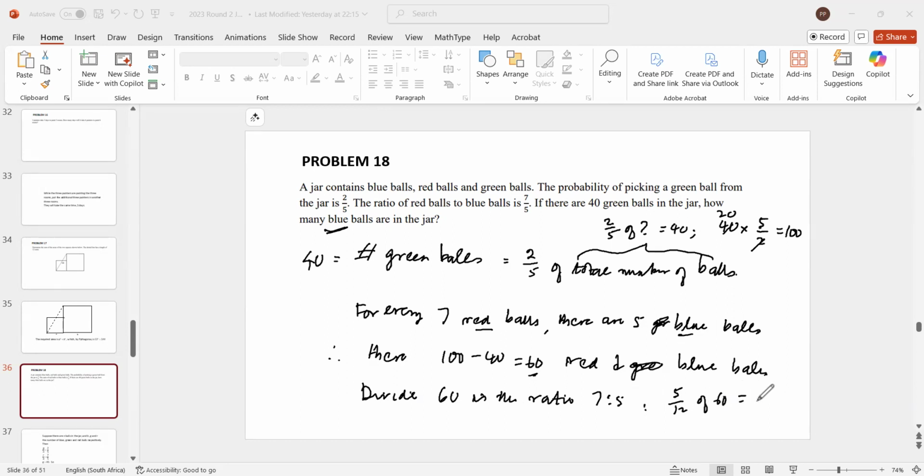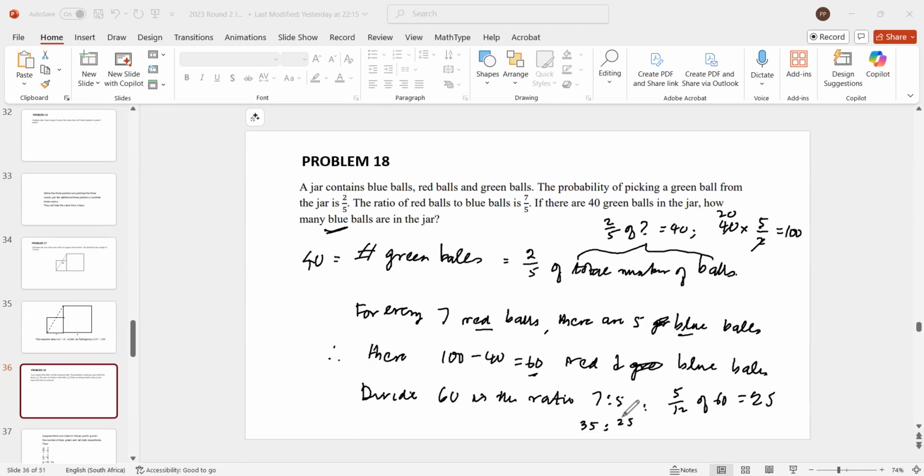12 goes into 60 five times, 25. Otherwise, as I said before, you've got 12 parts giving you 60, so each part is 5. Therefore, there will be 35 here and 25 here. So 35:25 is the same as 7:5. 35 over 25, cancel the 5s, you get 7/5.